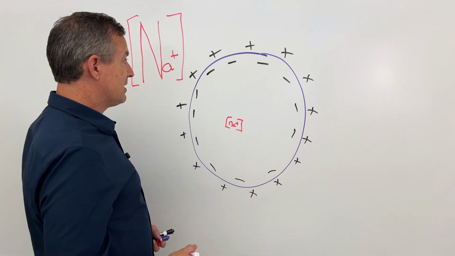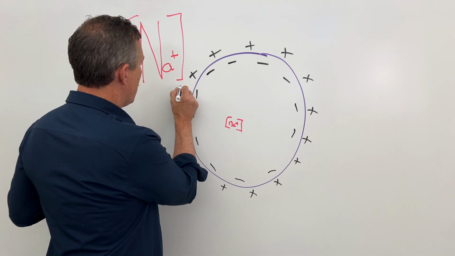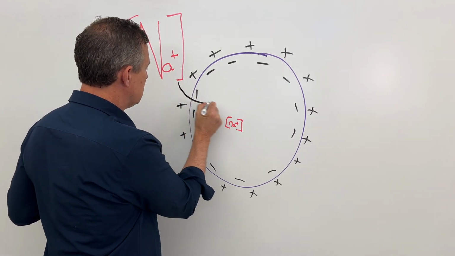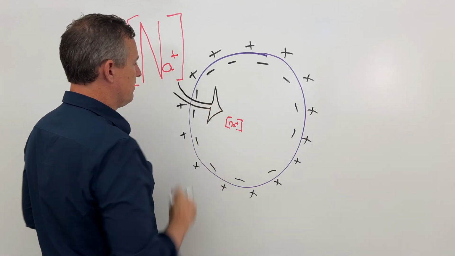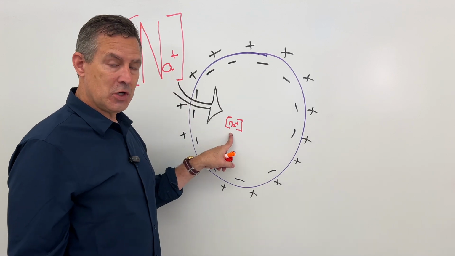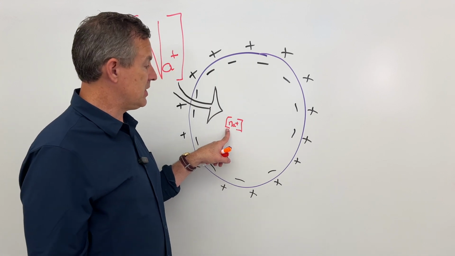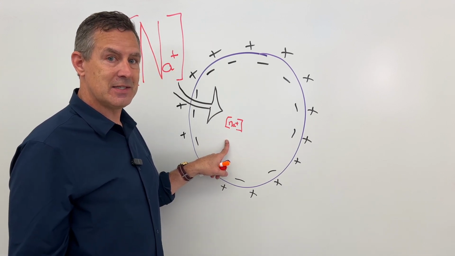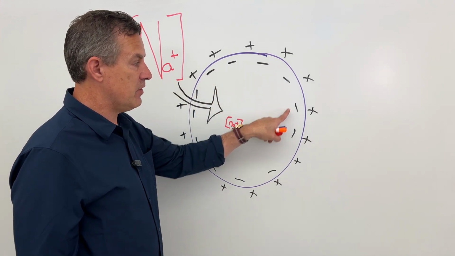Now, we've already talked about sodium wanting to move into this cell down its chemical gradient from an area of high concentration to an area of low concentration. But there's another feature within the cell that is attracting sodium into the cell, and that is the negative charge within the interior of the cell membrane.